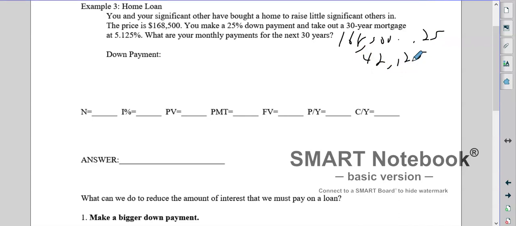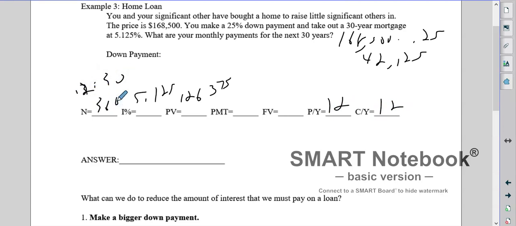When you subtract that, that gives you a present value amount you're borrowing of $126,375. The interest rate is 5.125%. It's a monthly payment. It's a 30-year loan, so that's 12 times 30 again is 360. We want to end up with 0, and we're trying to find this.